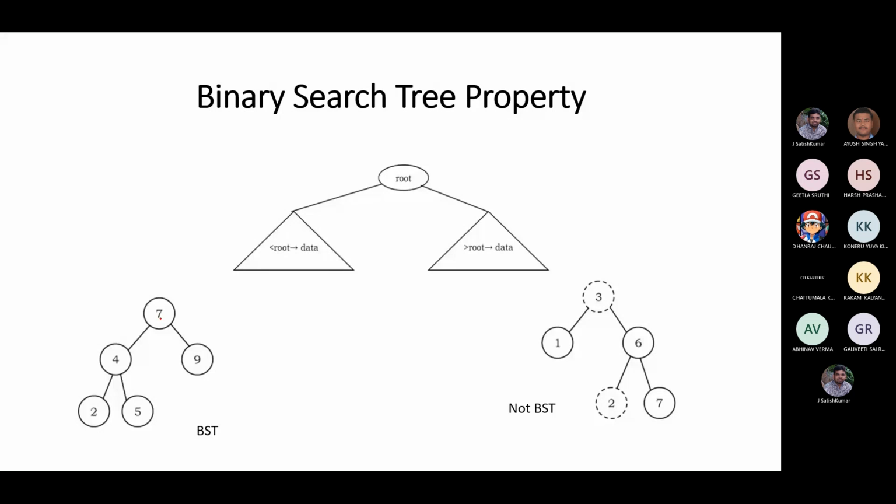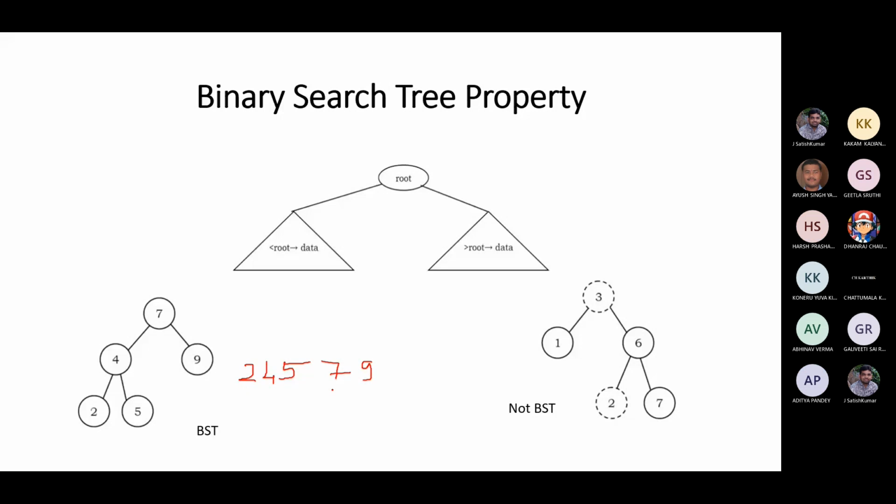So you go to the left subtree, you will encounter 2. 2 will be printed first, then root, 4 will be printed second, then right subtree, that is 5. You encounter null, then you go again to root, 7, then you print 9. This is your in-order traversal.